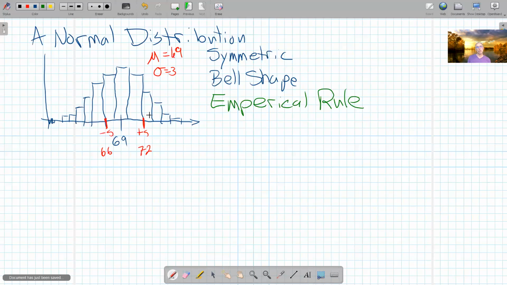If we went 2 standard deviations from the mean, that would be plus 2 s's, which would be another 3, so that would be 75. And roughly over here would be minus 2 standard deviations from the mean, 63-ish.